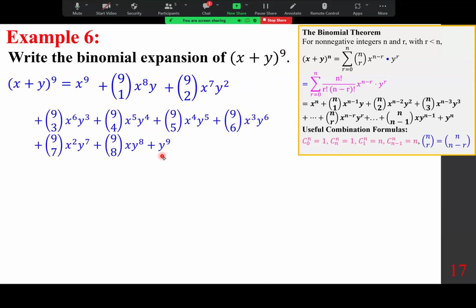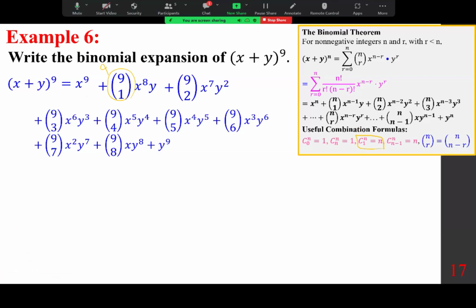Now, let's expand using the formula. So this is x to the power of 9. This is what? 9 factorial over 1 factorial times 8 factorial, x to the power of 8 y. We already know this is 9. This one, according to this one, is n. We should know this is 9 because of this formula. We should know, but I want to show you again.